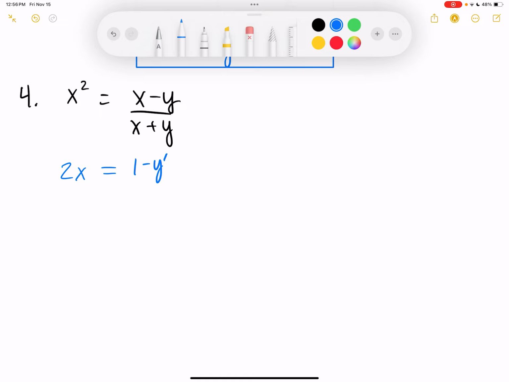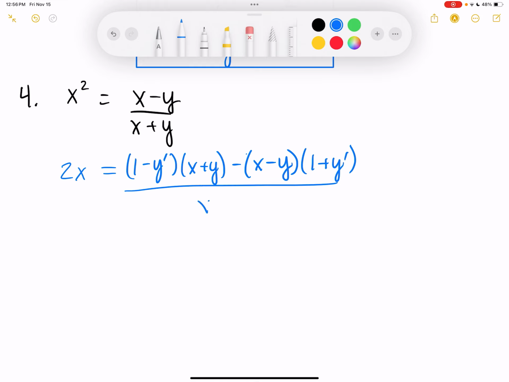So then times the bottom, which is x plus y, minus the top, x minus y, times the derivative of the bottom, 1 plus y prime, all over (x plus y) squared. Doing this as a quotient rule is going to make this problem so much longer. Yeah, but at least we see what it does.